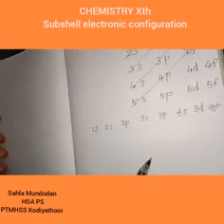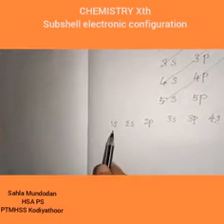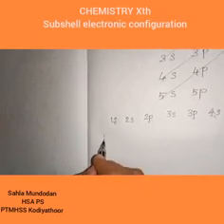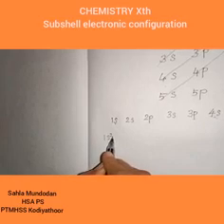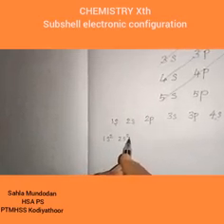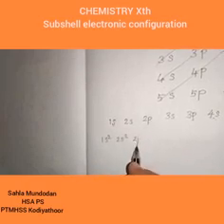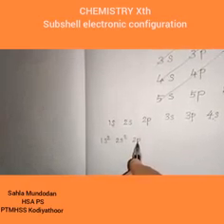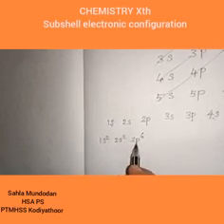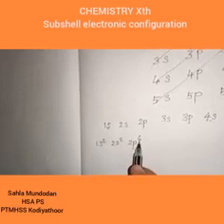Then, we already said that the maximum number of electrons in S subshell is 2. Then we can write 1s2. Again 2s2. Then 2p, how many electrons? 6, because maximum number of electrons in P subshell is 6.